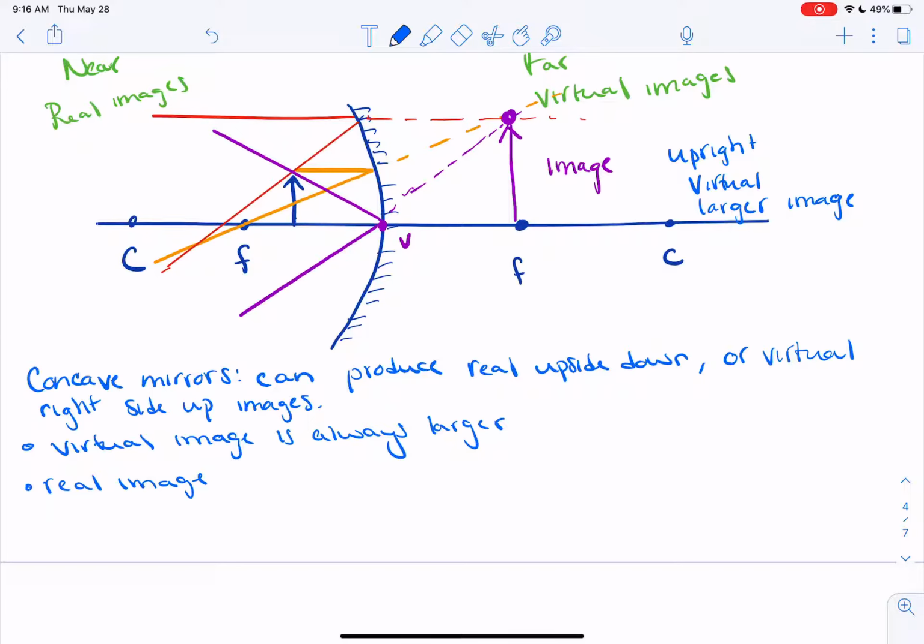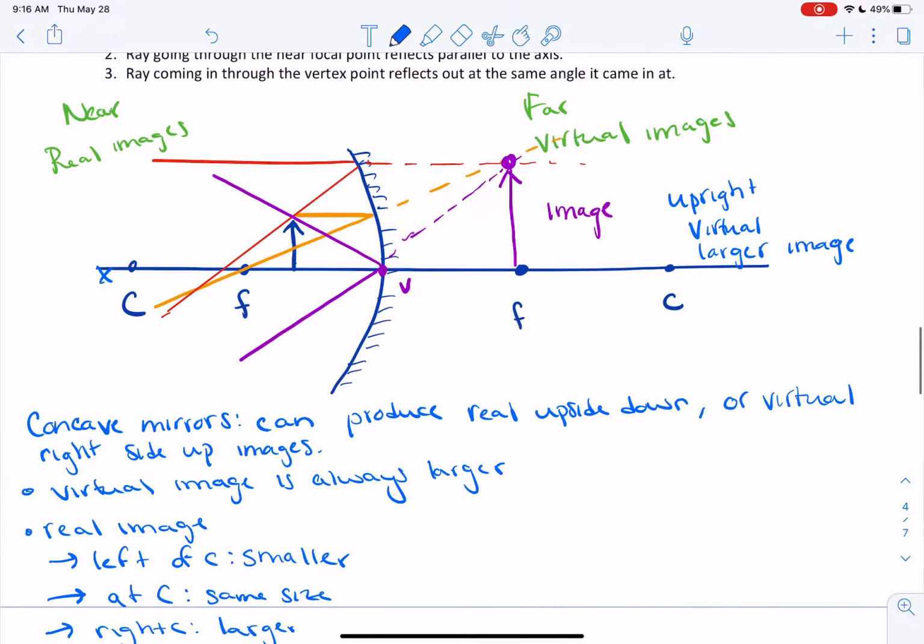So if your object is to the left of C, like it's right here, then the image is going to be smaller. If you are at C, it's going to be the same size. And if you're to the right of C, it's going to be larger.